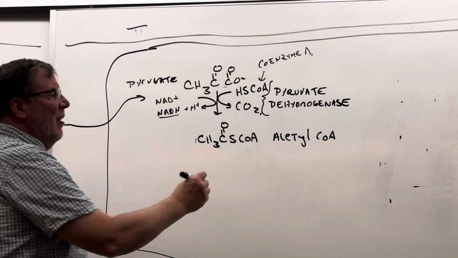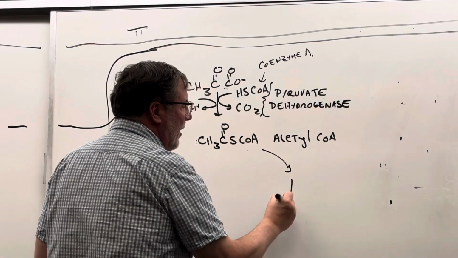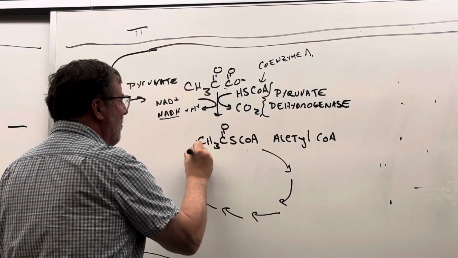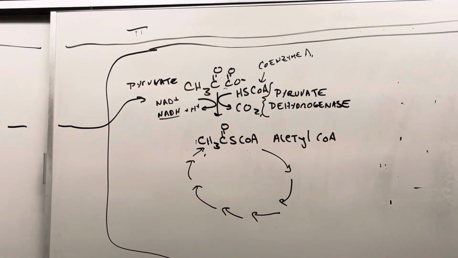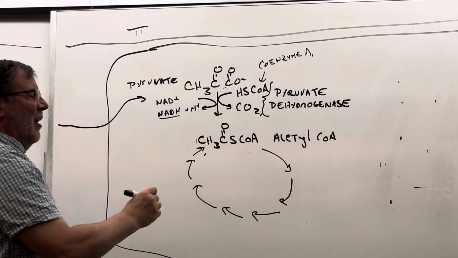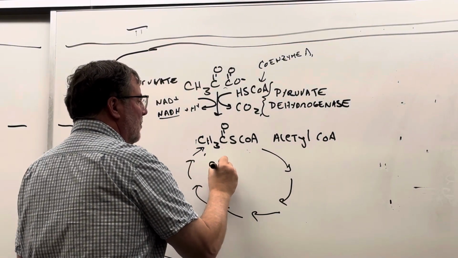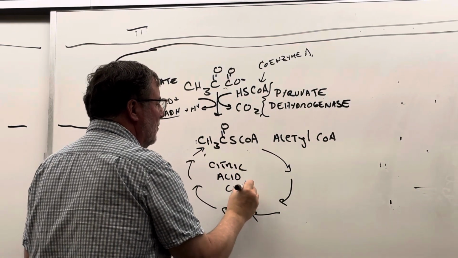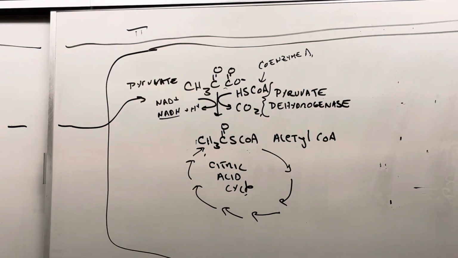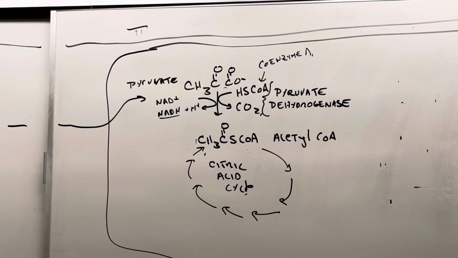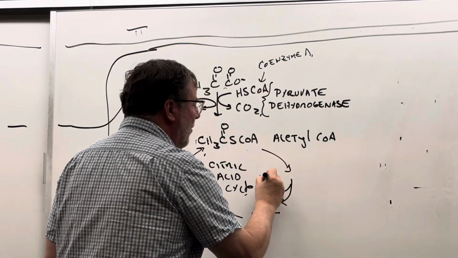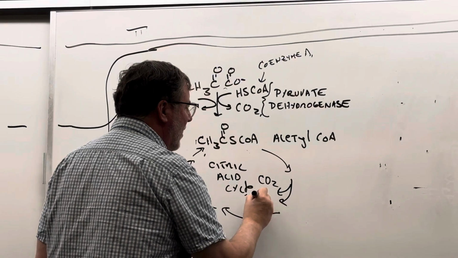Now we go through a series of 7 different reactions. I'm not going to go through all the details here. This is known as the citric acid cycle. And it's basically going to finish the oxidation job. So, two of them are going to generate 2 carbon dioxides.